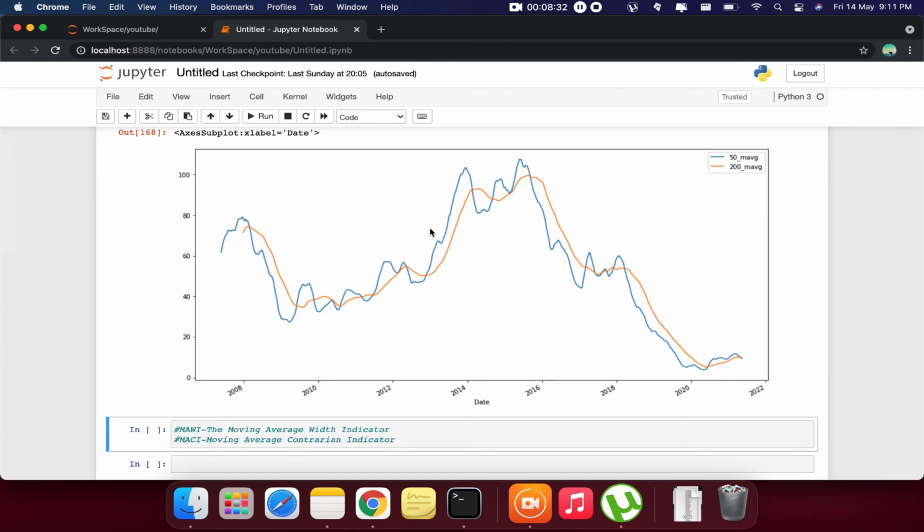So basically the data is moving in an uptrend. Vice versa, if the 50-day moving average is lower than the 200-day moving average, then it's a buy signal. So basically the price is going down and we should buy some stocks, okay.